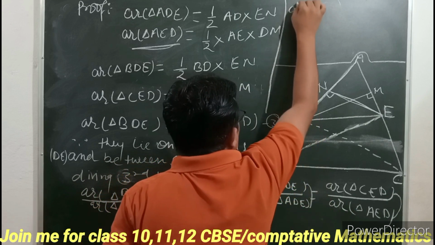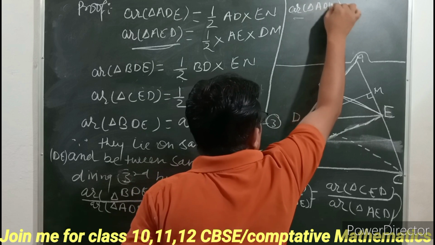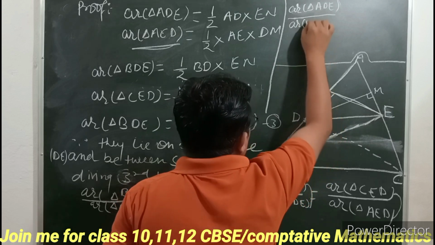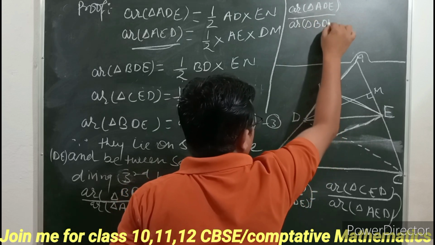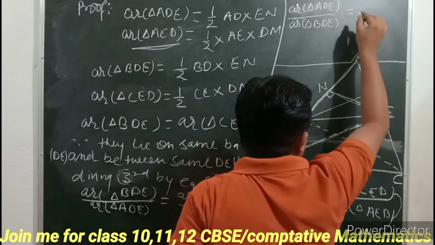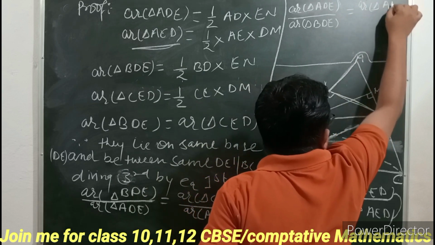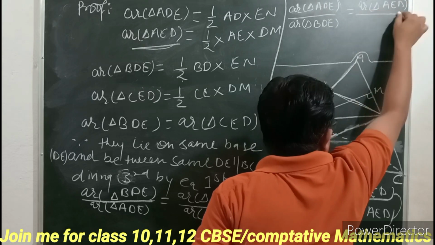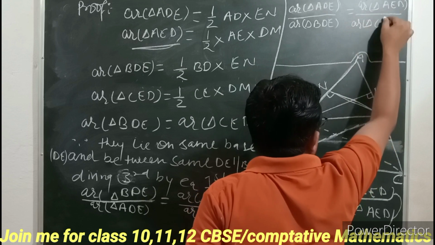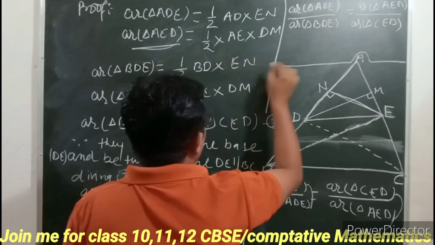So we can write area of triangle ADE upon area of triangle BDE equal to area of triangle AED upon area of triangle CED. What is the area of triangle ADE?